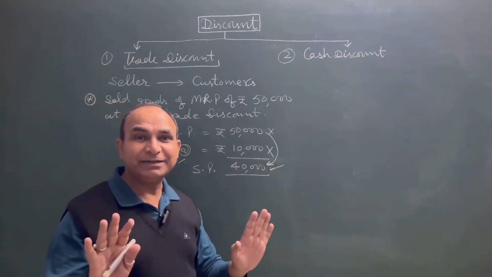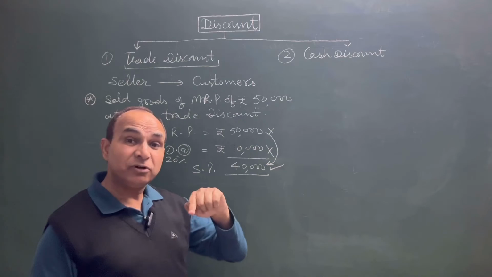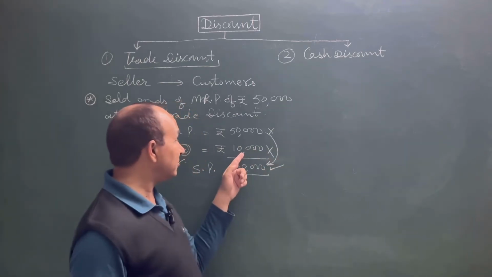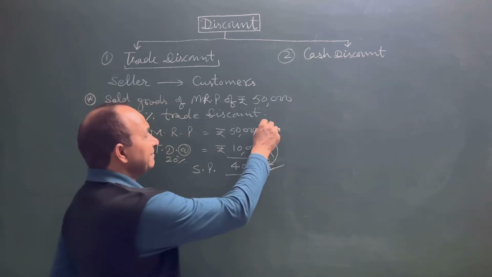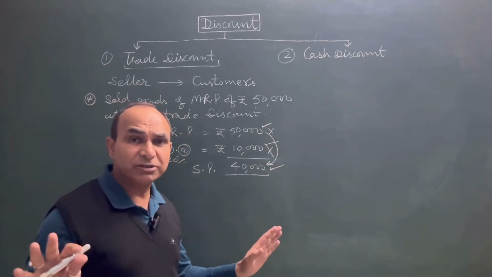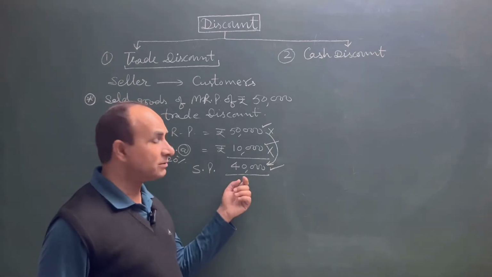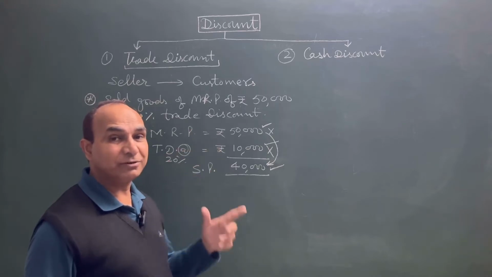Ultimately they sold the product at the price at which they wanted to sell it. So this is not a loss, this is not a gain to anybody. Neither the MRP nor the trade discount is recorded through the books. What we record through the books is the net price. This will be recorded through the books of accounts, right?